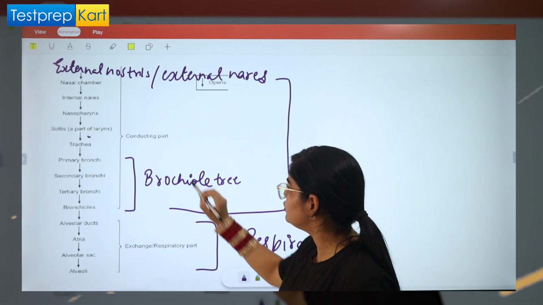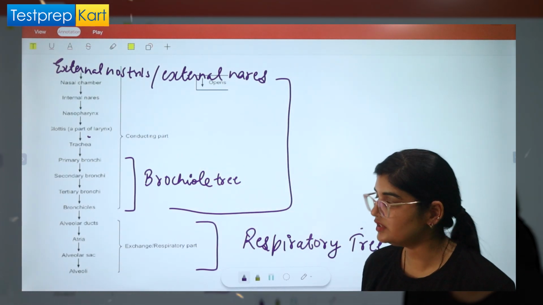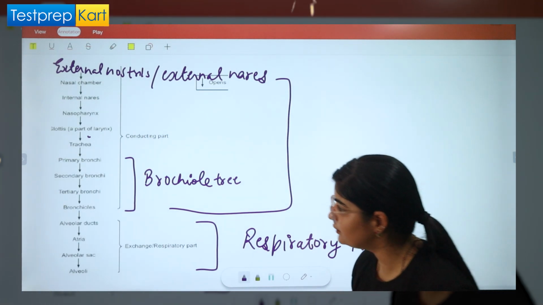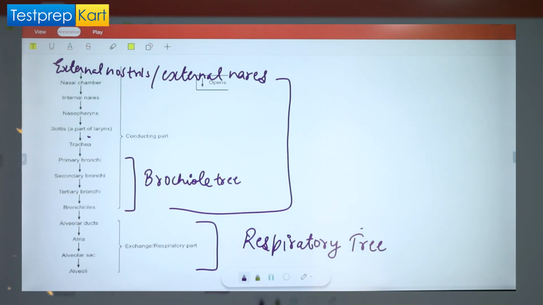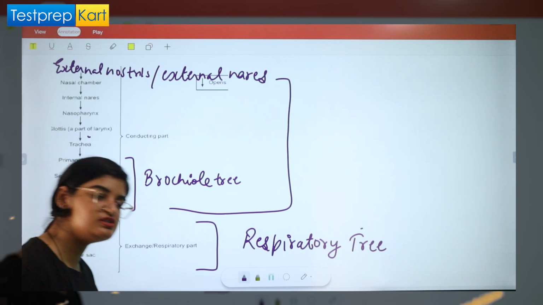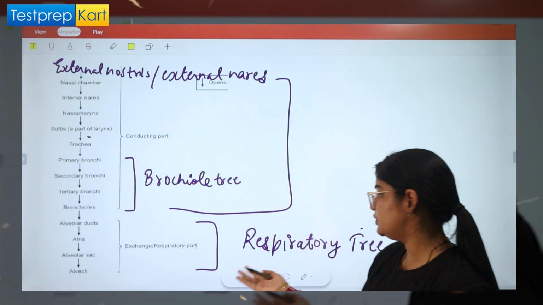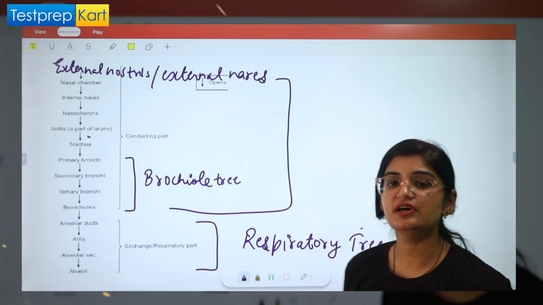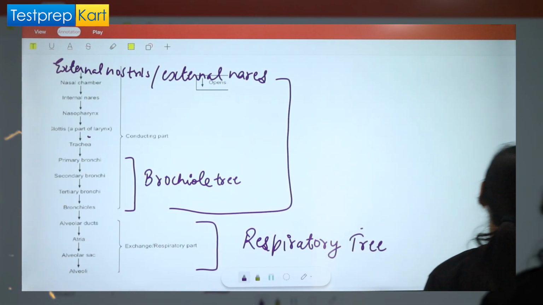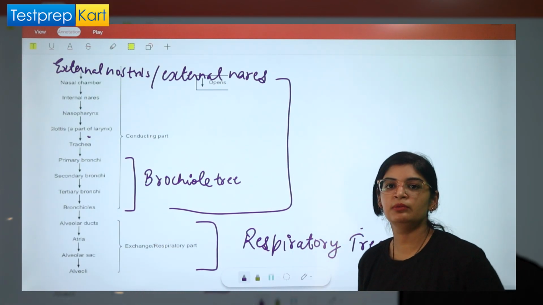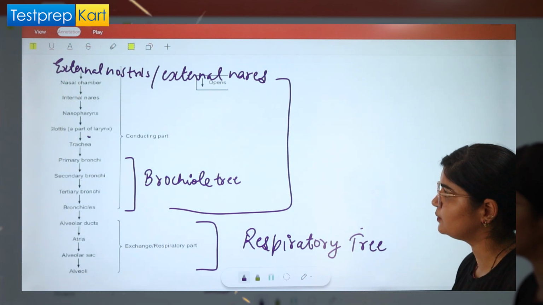So we have the bronchial tree and the respiratory tree as well. There are two terminologies. The respiratory tree is meant for respiration, the main site of gaseous exchange, right?